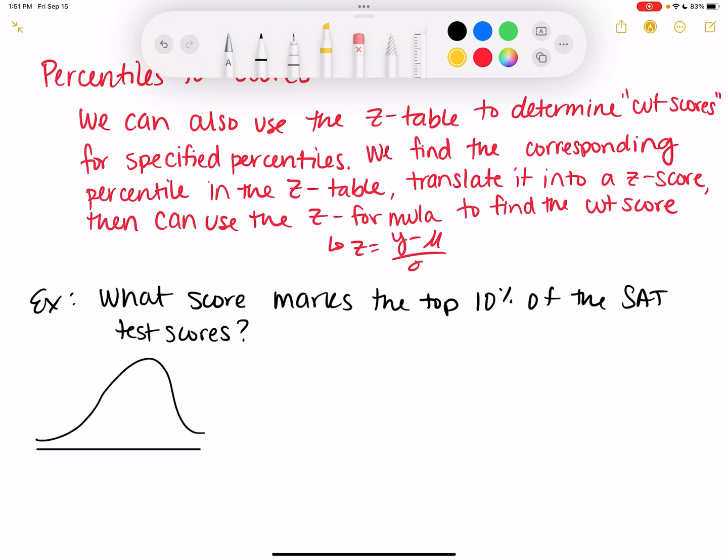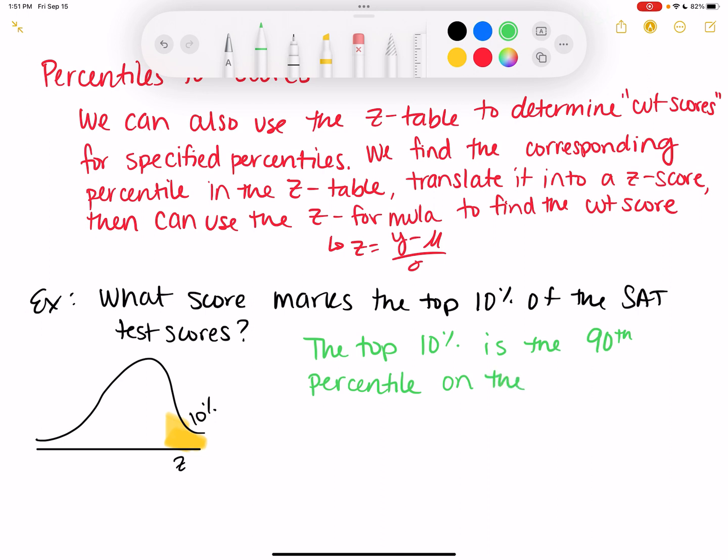So the top 10% is going to be up in here. So this is going to be z for the 10% at the top. So the top 10% is the 90th percentile on the z chart.